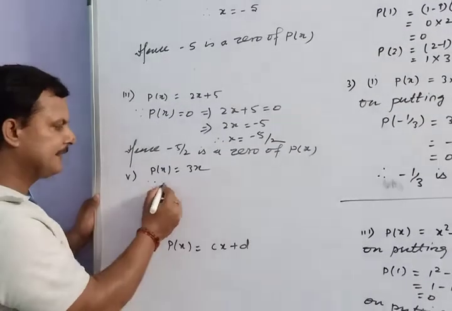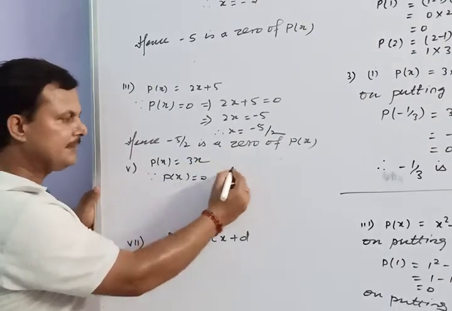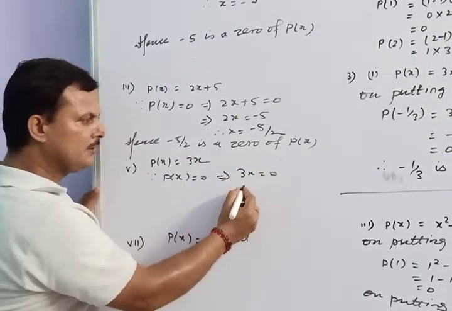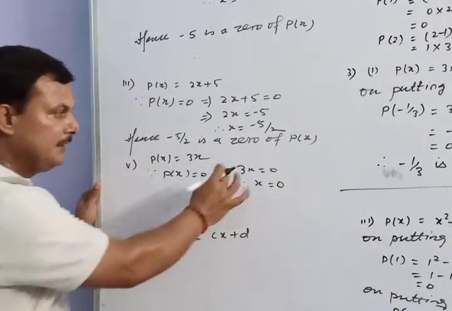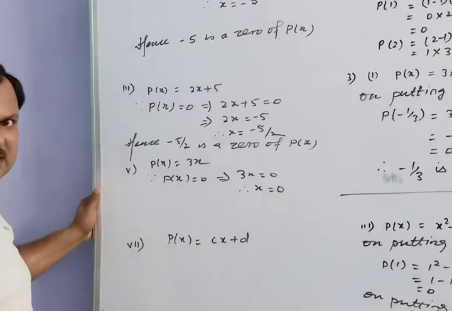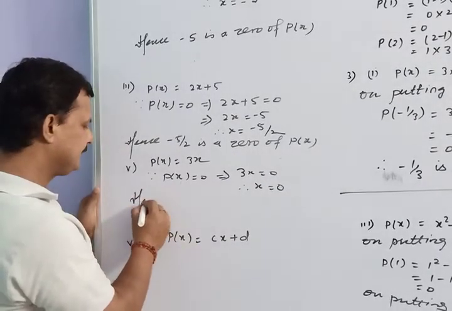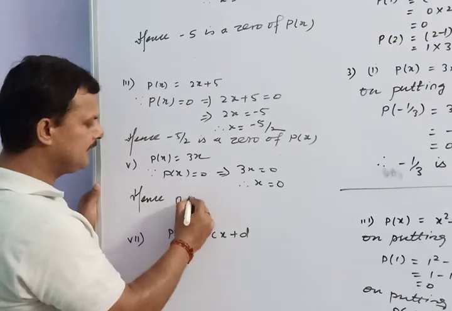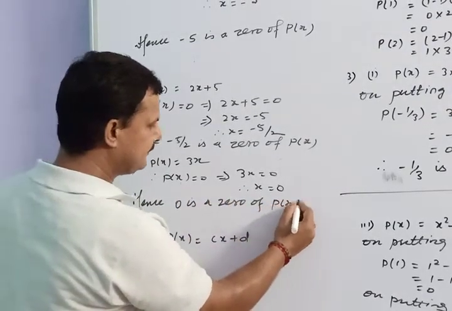Since p(x) is equal to 0, that implies 3x is equal to 0. Therefore, x must be 0 because 3 can't be 0. It means 3 will transpose that side and divide 0, which gives us 0. So hence, 0 is a zero of p(x).